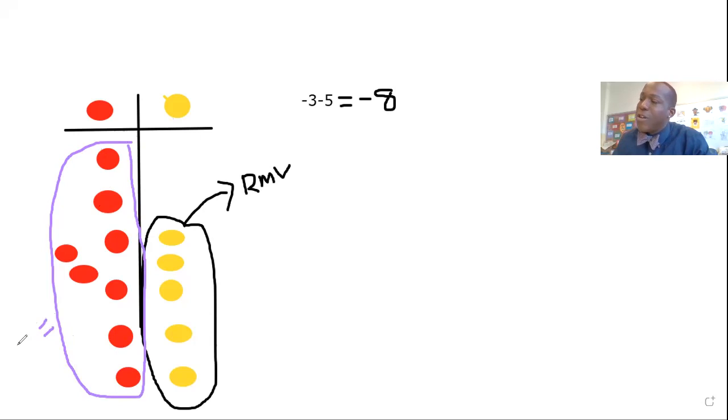Okay, so this is the difference. So -8, and I put DIFF. Again, here we go. We're recalling the academic vocabulary that students should have recalled from earlier grades. All right, so the difference is -8.